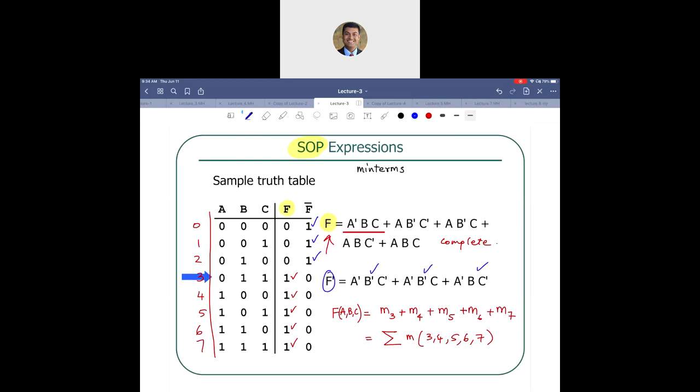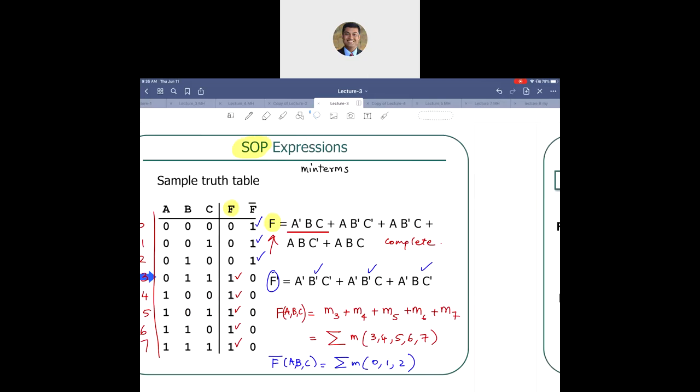They can also be written in the shorthand form. So for example, I would say F complement as a function of A, B, C equals sum of minterms 0, 1, and 2, because 0, 1, and 2 are the rows in which F complement is 1.